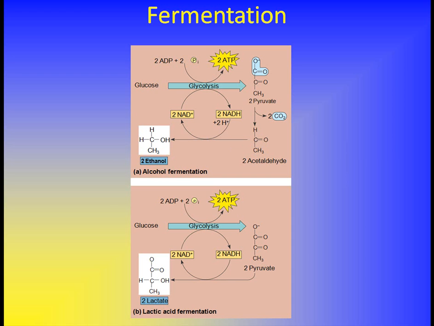We now have produced ethanol, which is an alcohol. Needless to say, this is the alcohol that we drink in our beers and our wines. The carbon dioxide that is released is a gas that can actually be captured or maintained within those drinks.